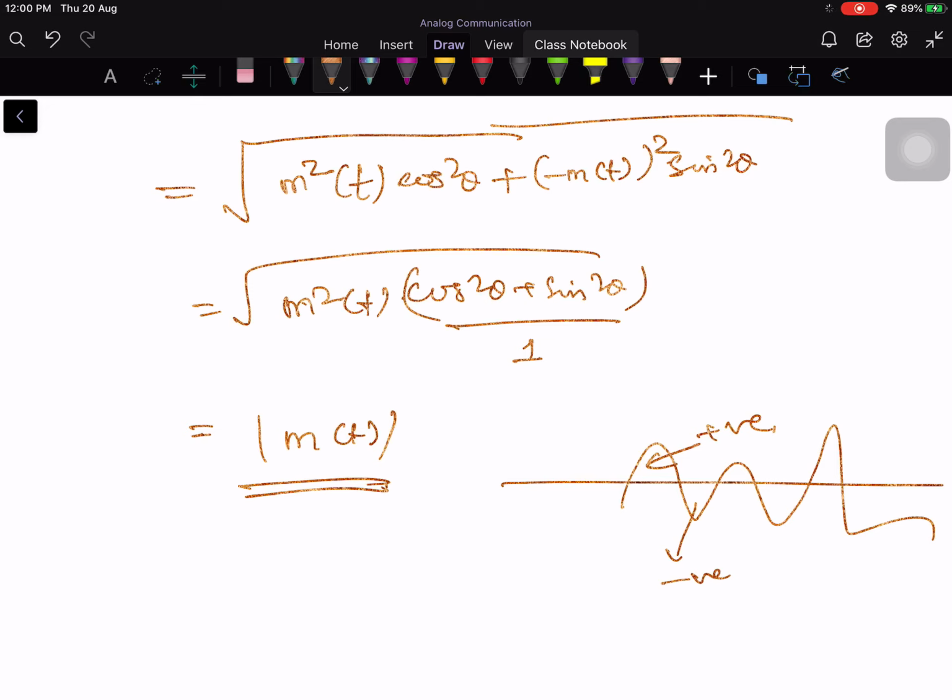Okay, positive value of m of t. Therefore, the instantaneous amplitude is governed by the modulus of m of t.